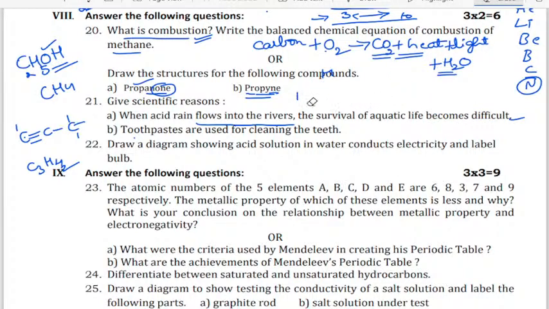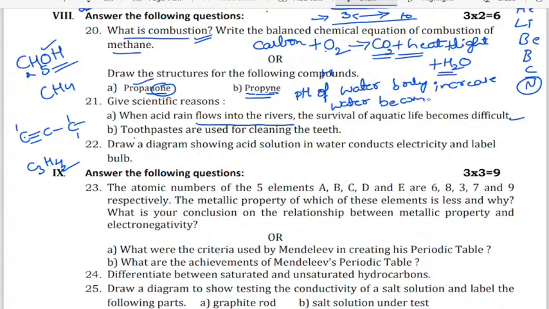When acid rain reaches rivers, ponds or any kind of aquatic habitat, the pH of the water body decreases when the acid rain enters these water bodies. As a result, the water becomes acidic. As the water becomes acidic, it is difficult for aquatic life to survive in it.